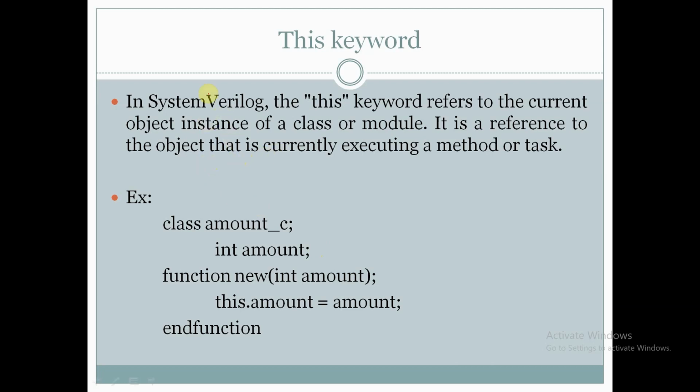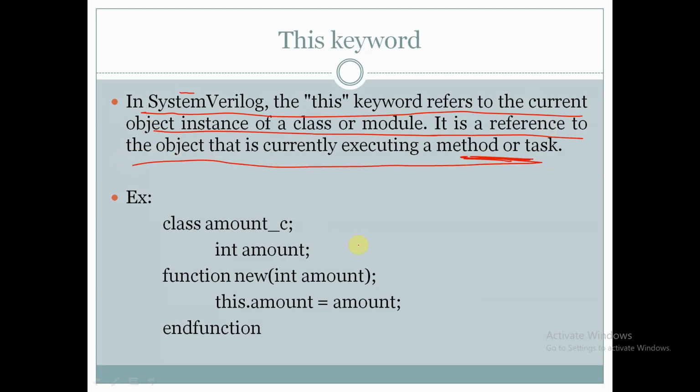Next, this keyword. In SystemVerilog, the keyword this refers to the current object instance of a class or a module. It is a reference to the object that is currently executing a method or a task. For example, we have taken a class called amount_c and we have declared a property or a member, and we have a method in the class called function new(int amount), and we are assigning this.amount equal to amount.